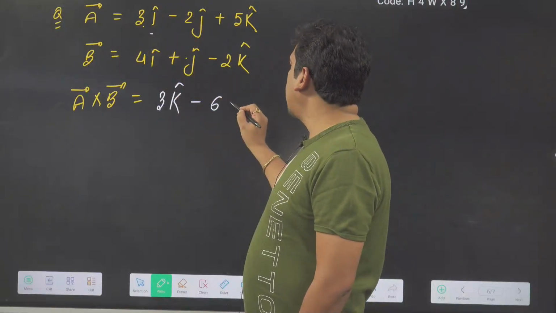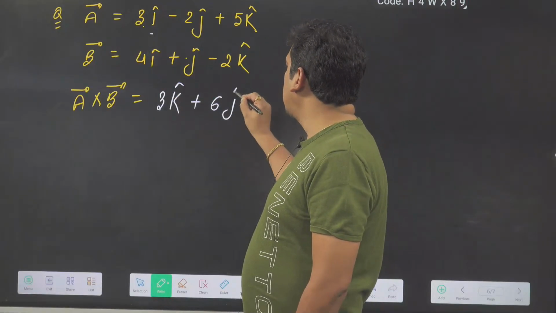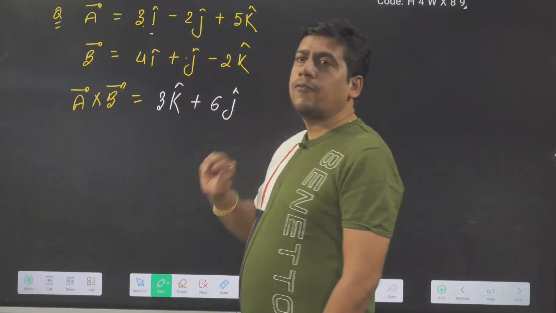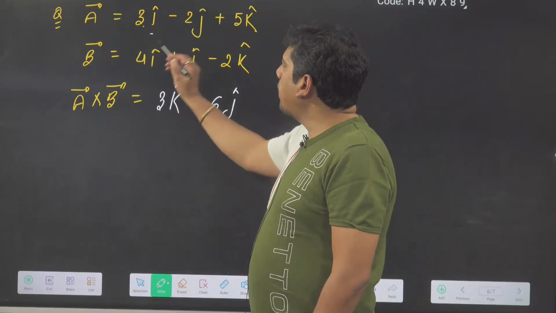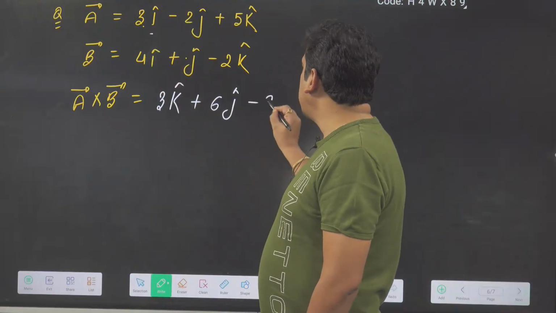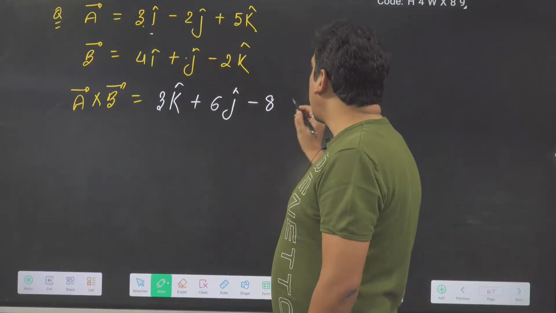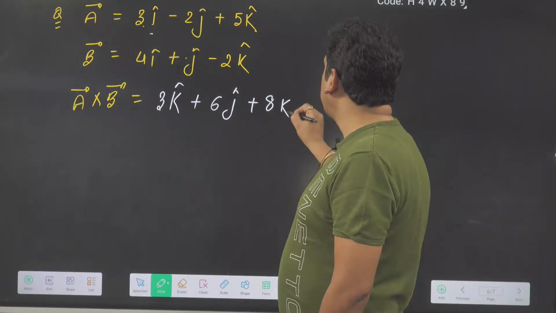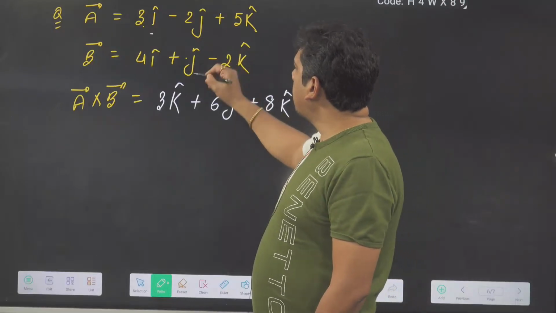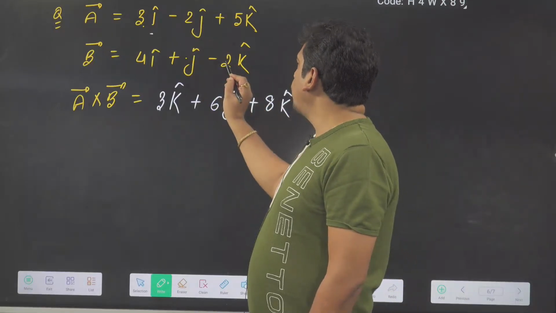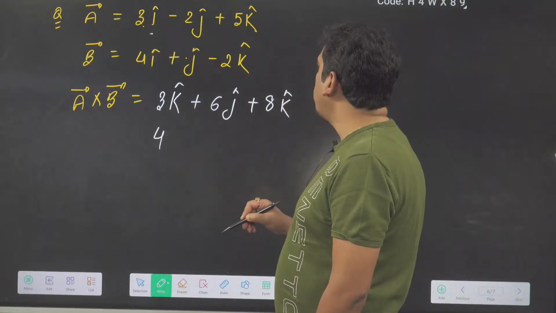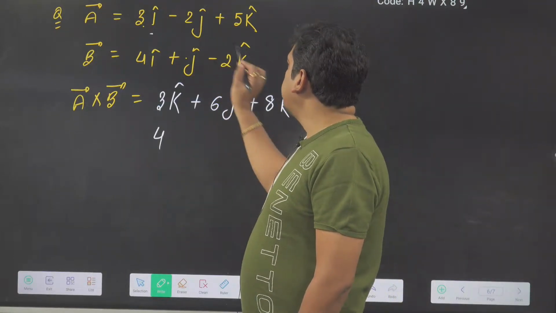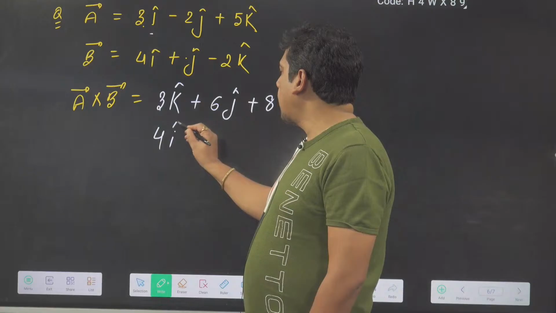I cross k will be minus j because it is against the cycle. Minus 2 into 4 will be minus 8. J cross I will be minus k. Minus minus will become plus. J cross j will be 0. Minus 2 into minus 2 will be plus 4. And j cross k will be I.